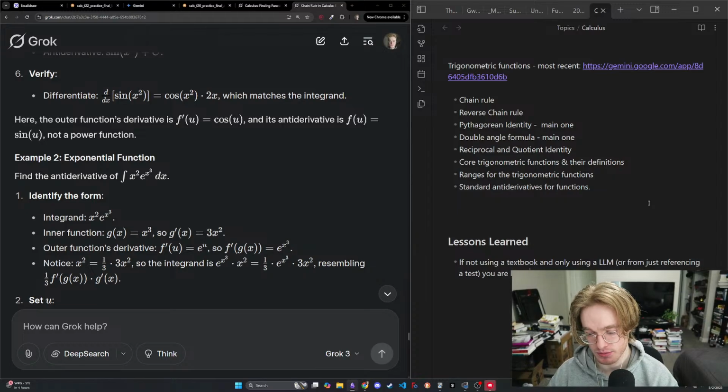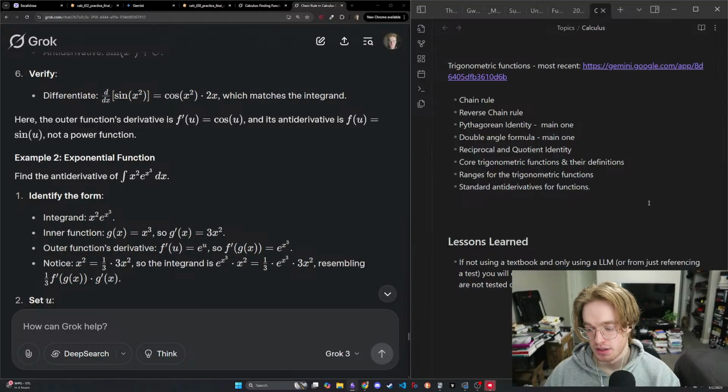You will often miss items that plainly exist within a textbook, that are not tested on the test, or don't happen to be mentioned by the large language model.